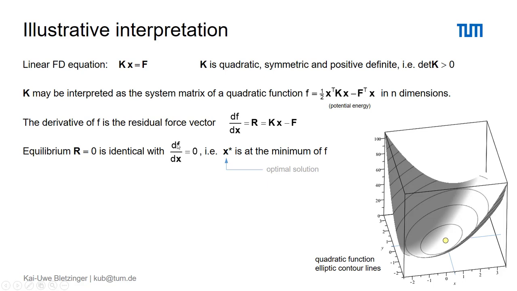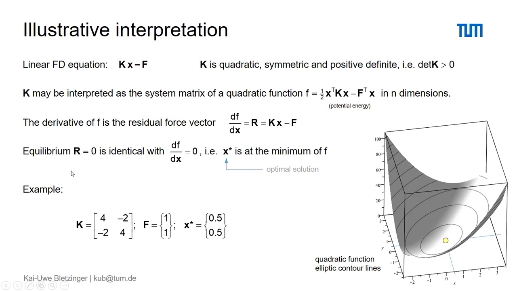And that means this vector for our 2-dimensional example has 2 entries, derivative in x direction, derivative in y direction, and they are both 0 just here at the minimum. That's always the standard necessary equation for identifying minima. And we call the vector of the solution at the minimum x star, the so-called optimal solution.